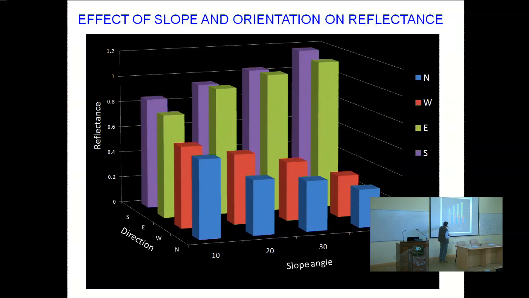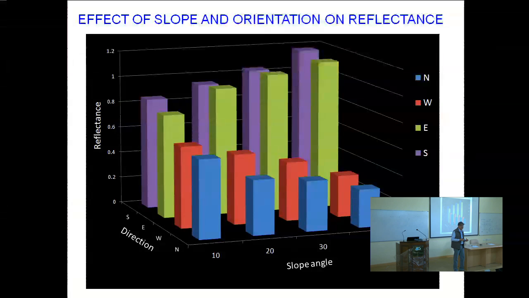If you change the direction and the slope remains the same, the reflectance again changes quite significantly. This is just apparent reflectance, and there is much error in it. So we need to do something more if we want to work on reflectances or know the albedo.